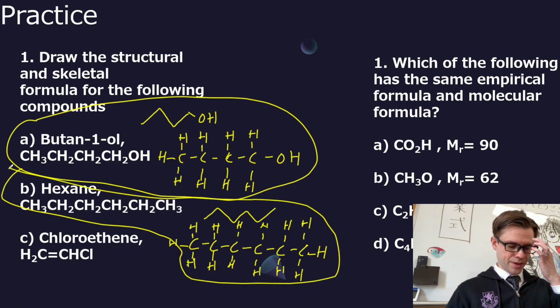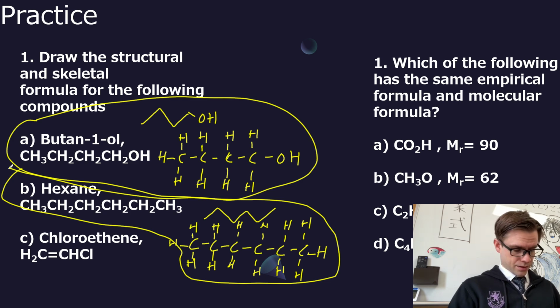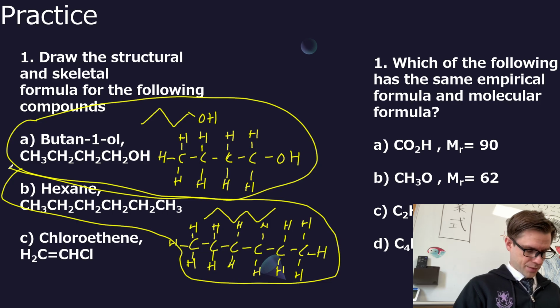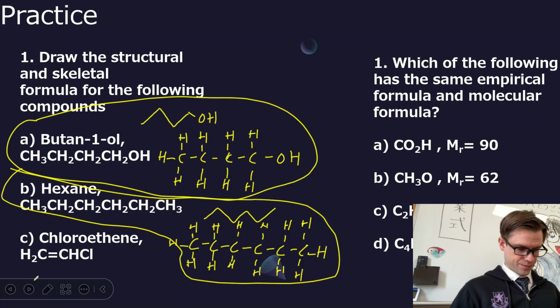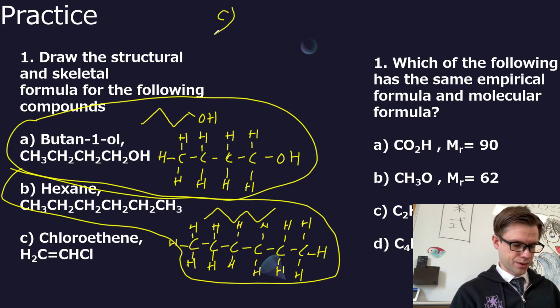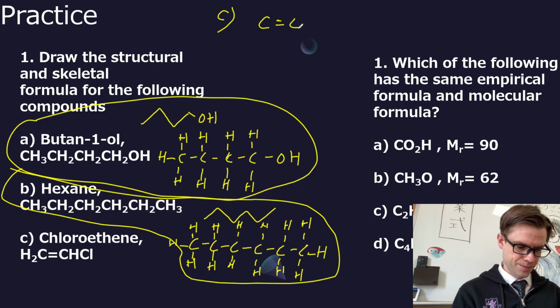And then chloroethene, CH2 double bond CHCl. So I'm going to actually draw the structural formula first. C double bond C. One side just has 2 hydrogens.